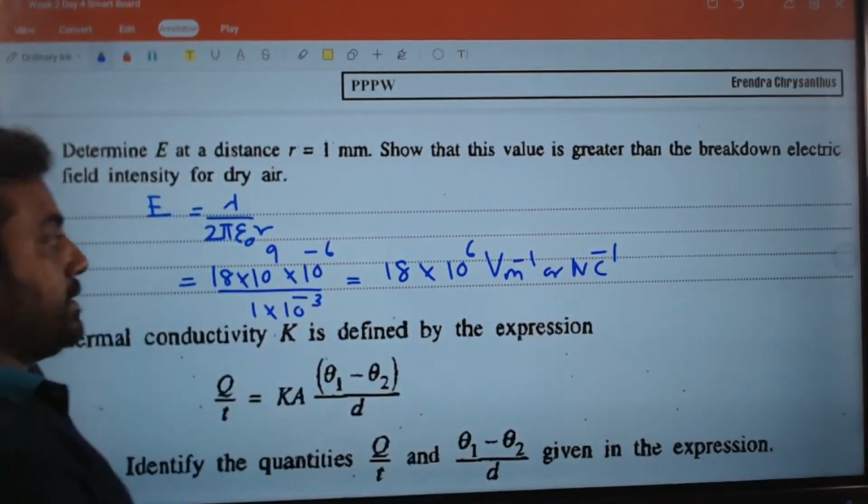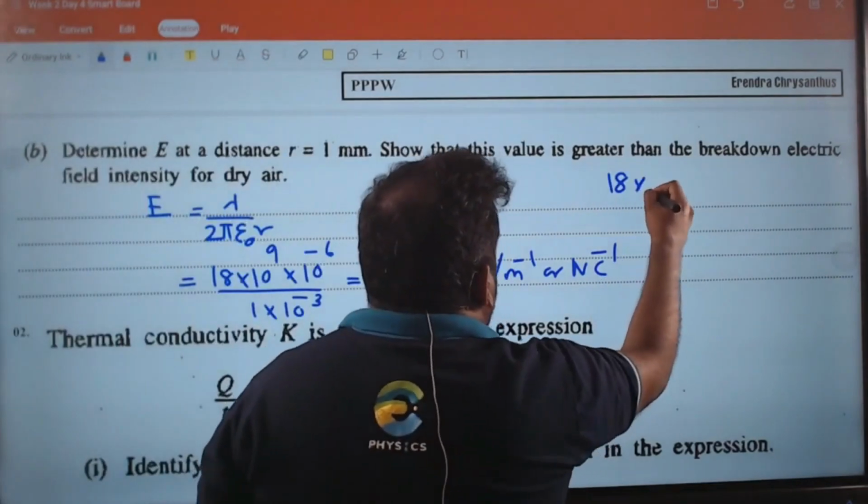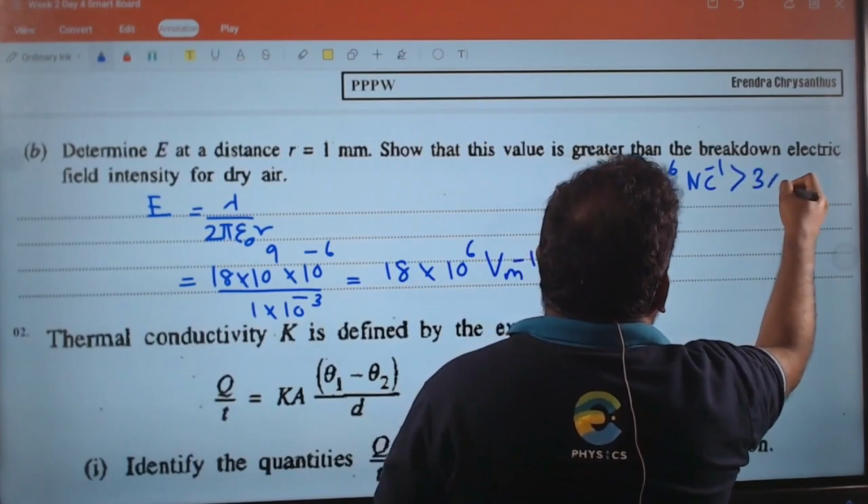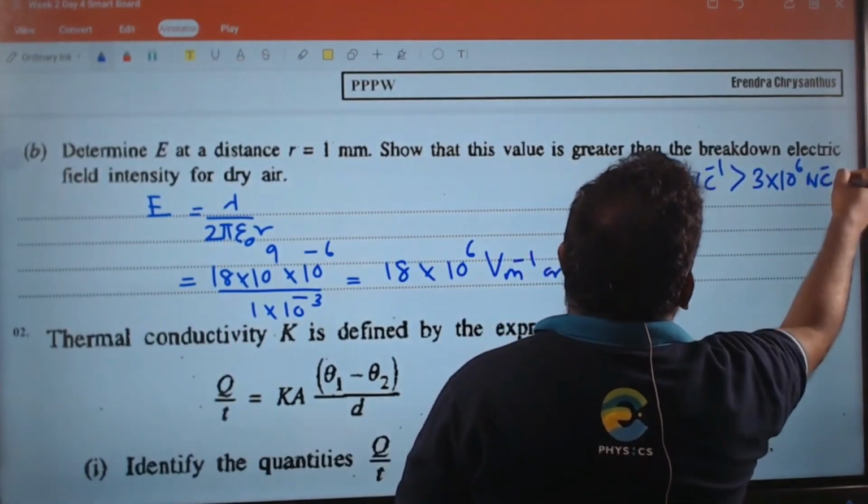18 times 10 to the power 6 Newton per coulomb is greater than 3 times 10 to the power 6 Newton per coulomb.